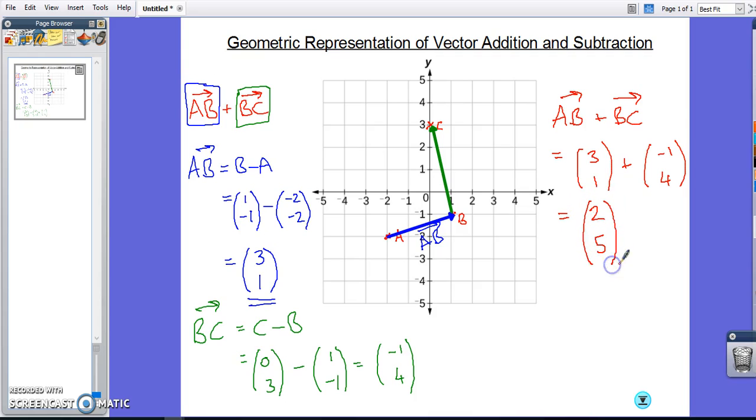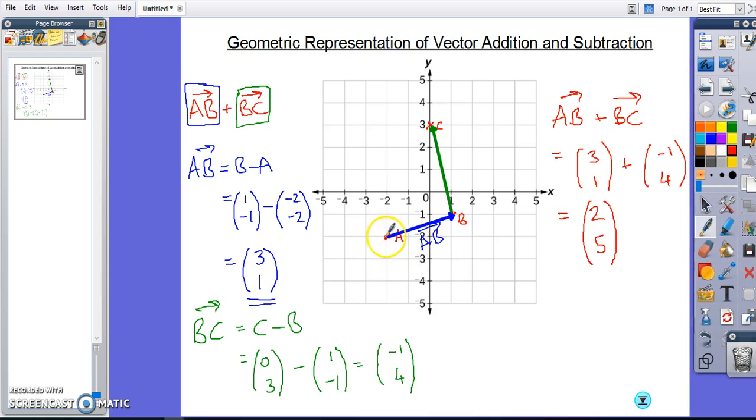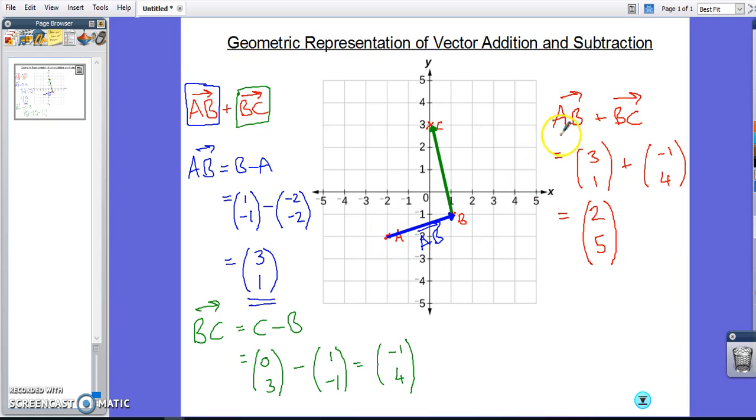So we get the vector 2, 5. Now if you notice, if we start from A, which is the first point that we have in this equation, and we follow this vector 2 across, 1, 2, 3, 4, 5 in the y direction, we end up at C.